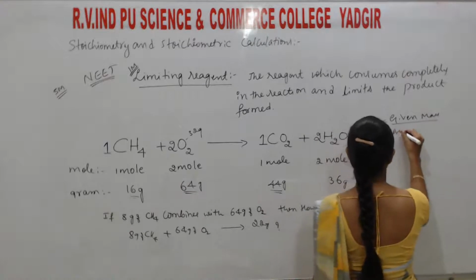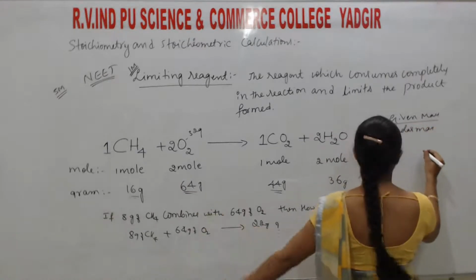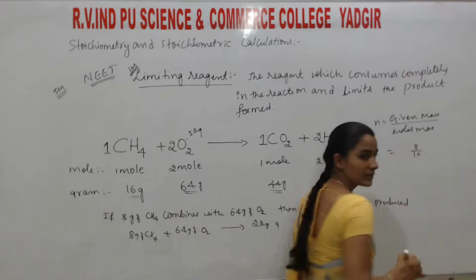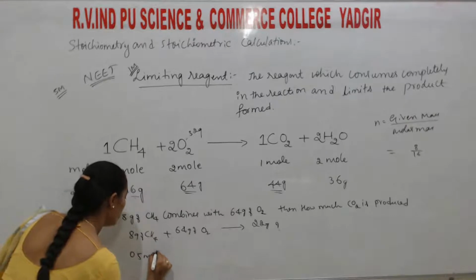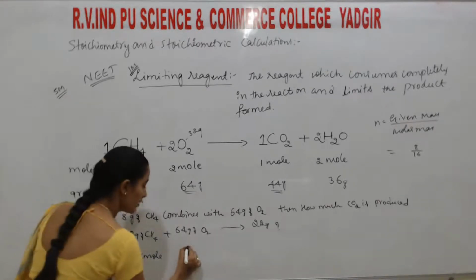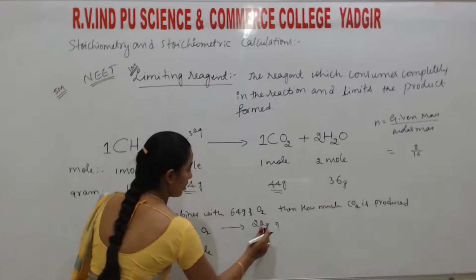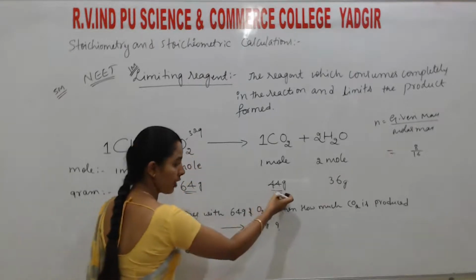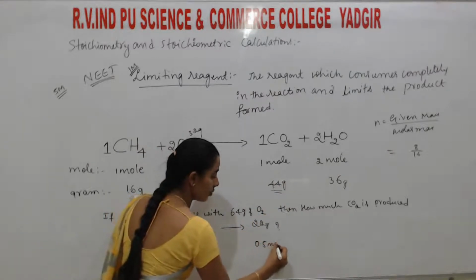Given mass is 8, molecular mass is 16, so it is 0.5 mole. Correct? The oxygen is obviously 2 mole, and 44 gram of CO2 is there, so the 22 gram we produced is 0.5 mole.